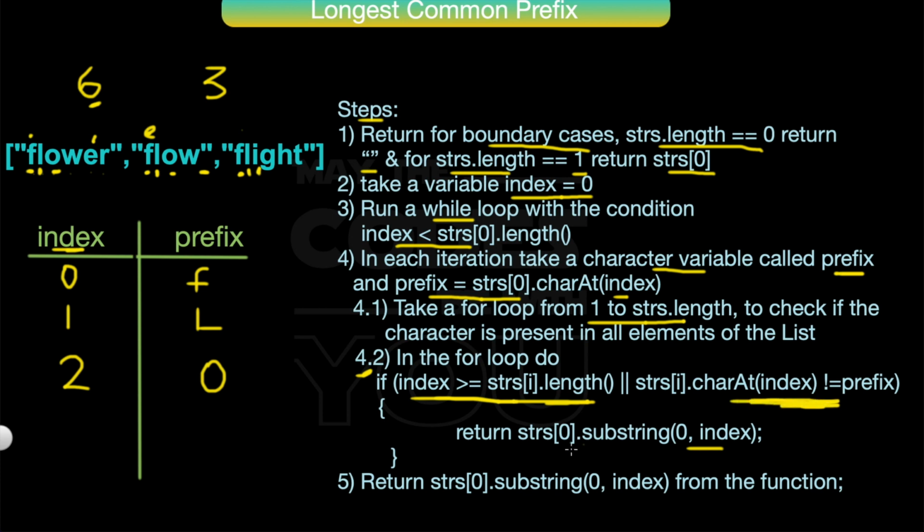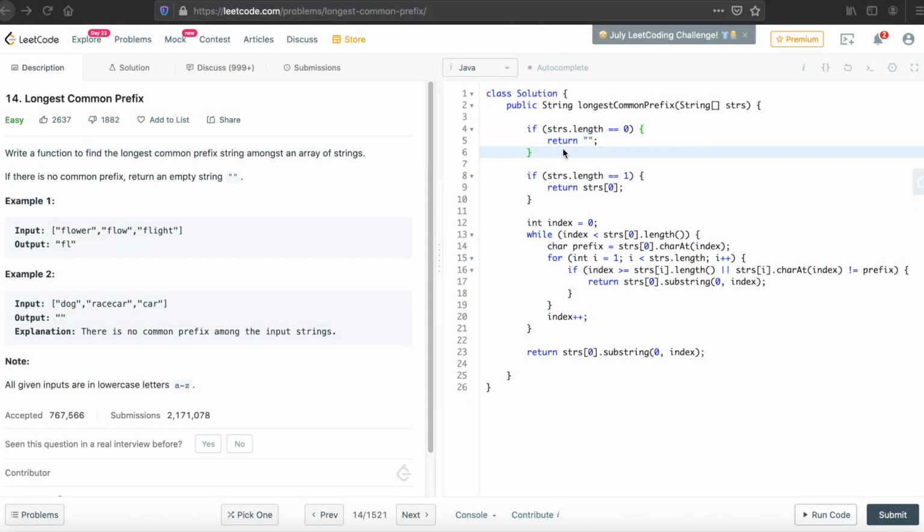So we'll return the substring from 0 to index, and our index here is 2. So we'll return string 0 to 2, and the 0 to 2 substring is FL, as we don't include the last element when we return a substring in Java. But if the whole while loop is passed, we'll just return the substring 0 to index, which is the first string.